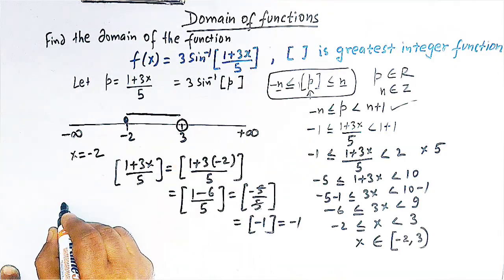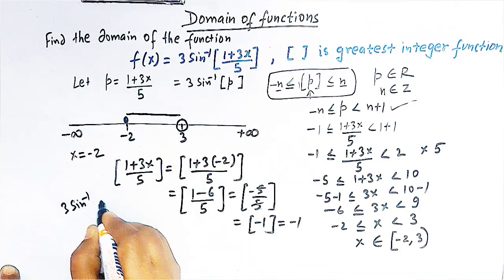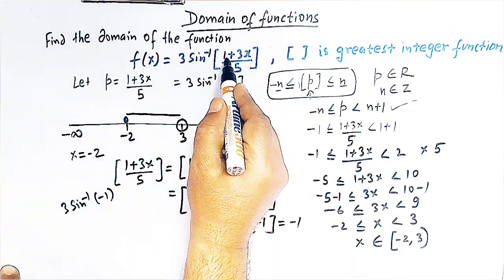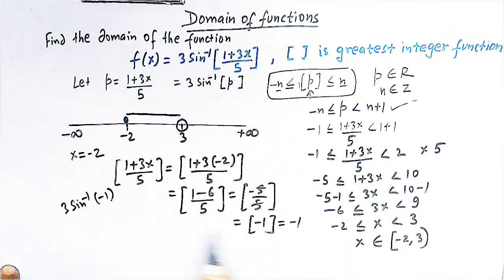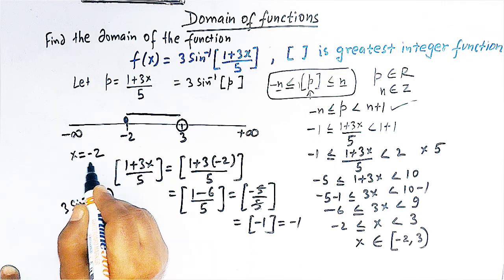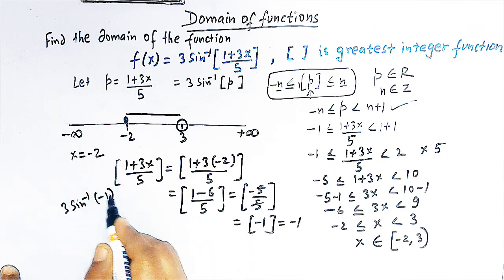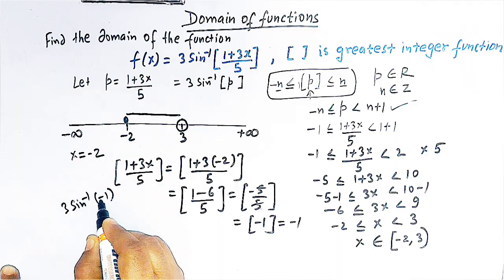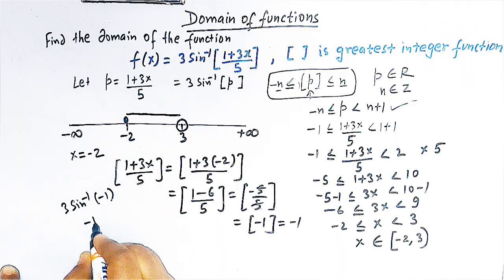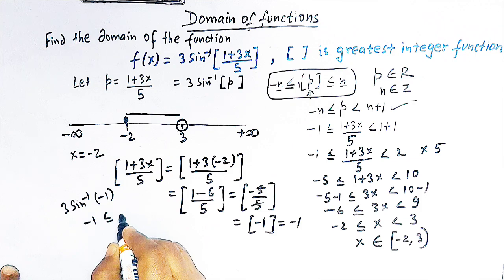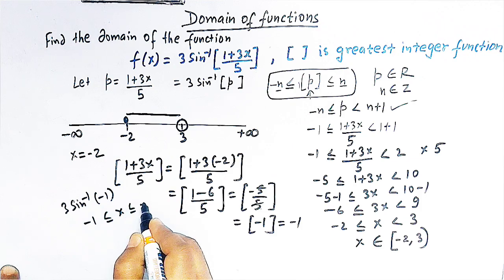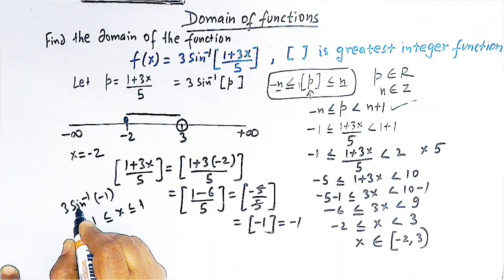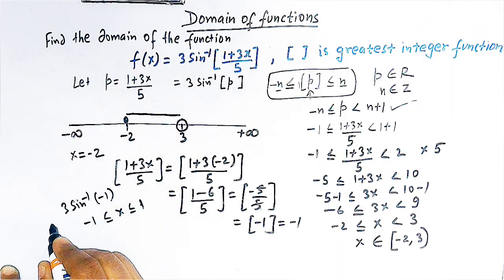And here we have now 3 times sine inverse of minus 1, because the value of greatest integer of (1 plus 3x) over 5 is minus 1 for x is equal to minus 2, and it is perfectly true, because this minus 1 lies in the interval from minus 1 to 1, that is, minus 1 is in the domain of sine inverse function, right?